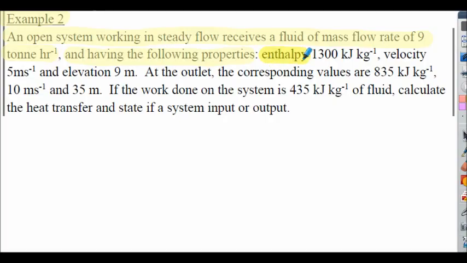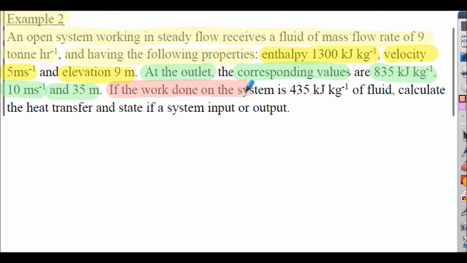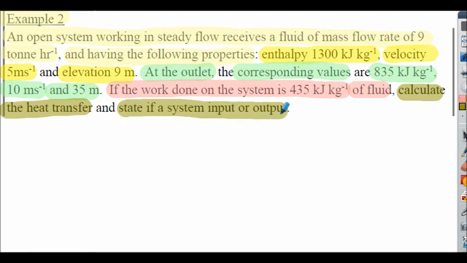Inlet enthalpy is 1300 kilojoules per kilogram, velocity is 5 meters per second, and the elevation is 9 meters above our datum, and the outlet of the system, corresponding values include enthalpy of 835 kilojoules per kilogram, outlet velocity 10 meters per second, and the outlet is 35 meters above our datum. If the work done on the system is 435 kilojoules per kilogram of fluid, we've got to calculate the heat transfer and state if a system input or output.